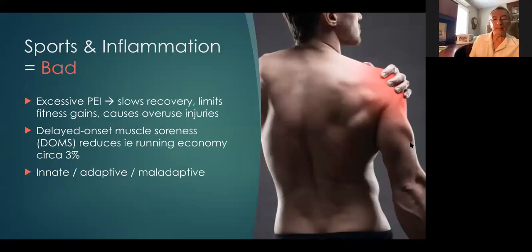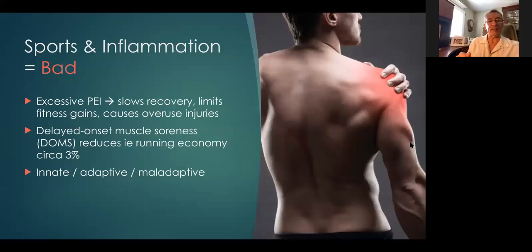Now, the problem is that if you have undertaken the wrong type of exercise, perhaps you've gone at it too hard, too fast, too early in the season, and particularly if you're not eating the right kinds of foods, then you end up with excessive post-exercise inflammation and excessive post-inflammation damage. If this happens, then this prevents the normal regeneration of muscle tissue, and you end up with very limited increase in fitness.